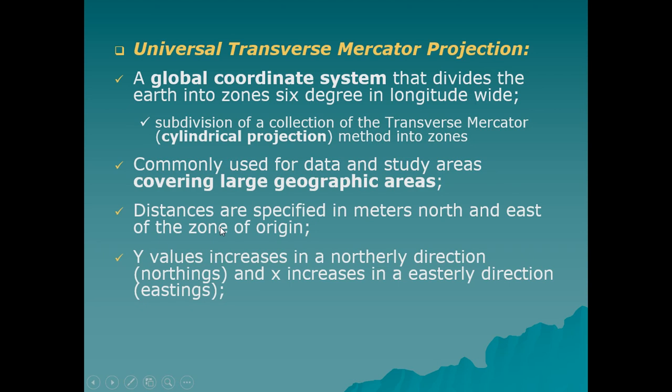So as mentioned before, distances would be specified in meters north and east of the zone of origin, and on the previous slide I already showed you how to read those UTM maps.